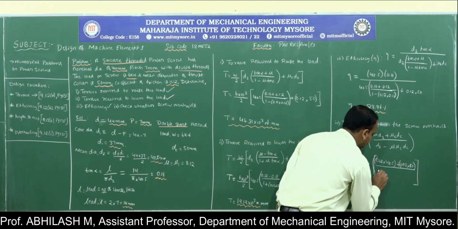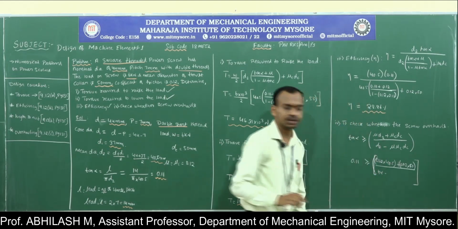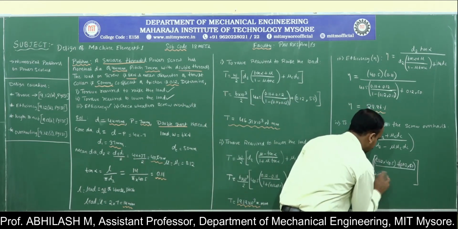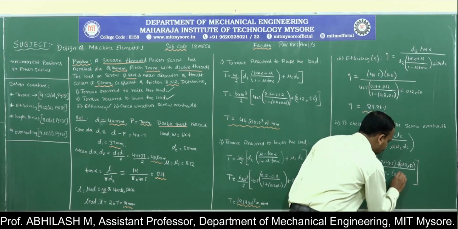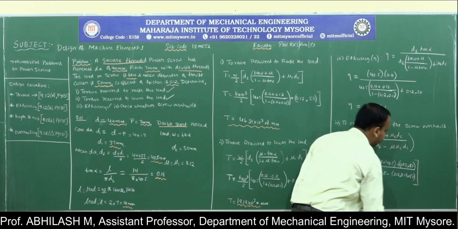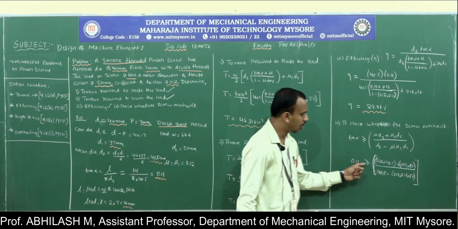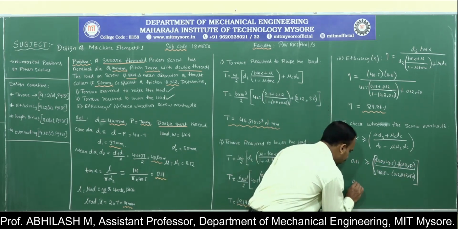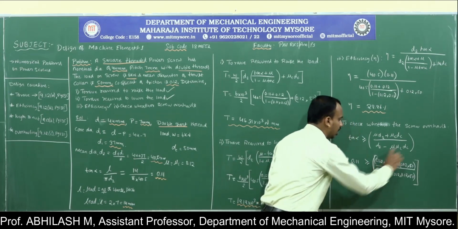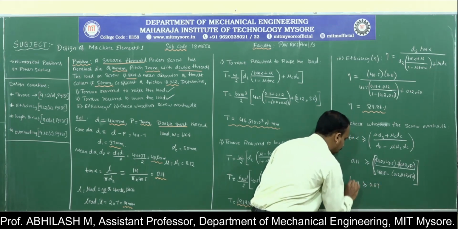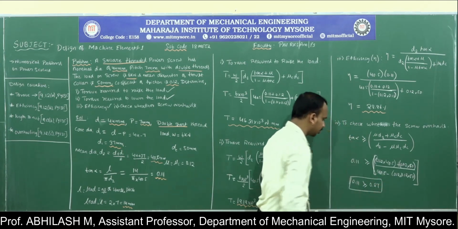D2, how much is the D2 value? 40.5, the mean diameter. So D2 is 40.5 minus mu C, 0.12, into the dC value of 50 millimeter. If I substitute all the values and check the condition of overhauling, 0.11 should be greater than or equal to, after doing all the calculation, I am going to obtain this particular value as 0.27.